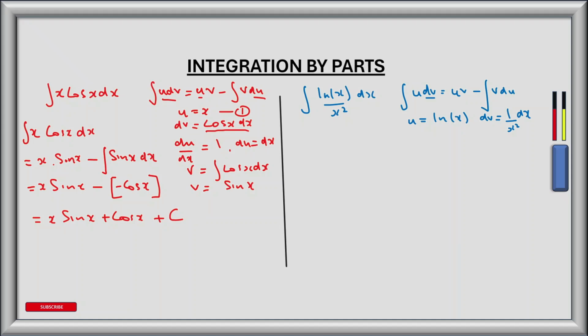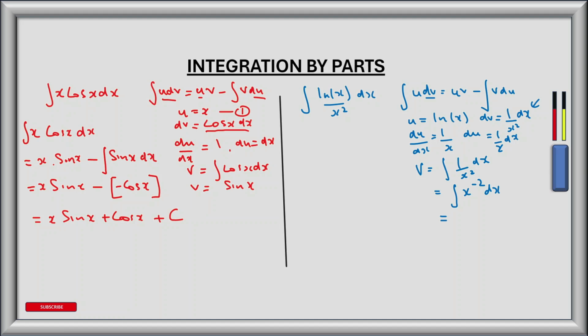So the derivative of u with respect to x, so du by dx, is equal to 1 over x, and so du is equal to 1 over x dx. We now need to find v. Now we know that dv by dx from here is 1 over x squared, so v is the integral of 1 over x squared dx. So using the power rule, this is equal to the integral of x to the power of minus 2 dx.